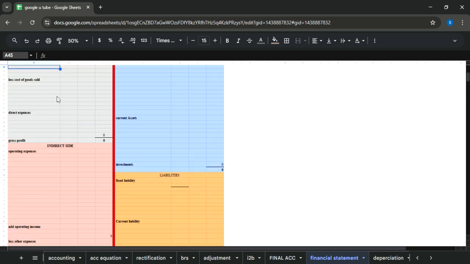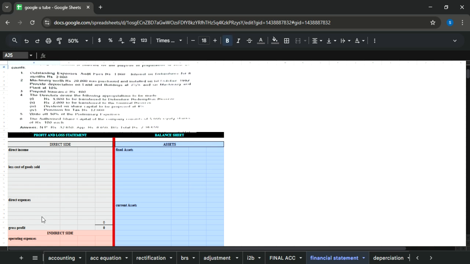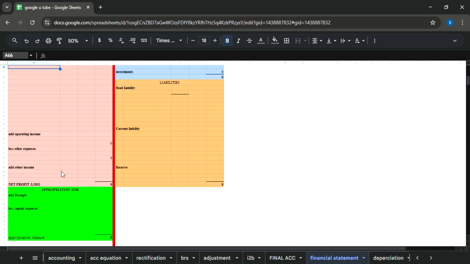First, this one is basically to calculate gross profit, called the direct side. Then we have the second, the indirect side. It would be used to calculate net profit. Finally, we have the appropriation side to calculate the appropriation balance, and that would finally be transferred to the liability side.